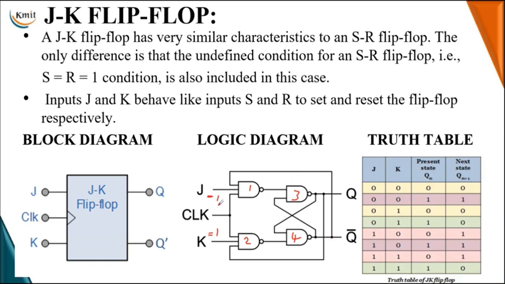Now here J is 1 and K equal to 1. Say the present state is 0 and the complemented state is equal to 1. Since this 0 is connected to the second NAND gate input, and any input being 0, the second NAND gate output becomes logic 1. If 1 is transferred to the first NAND gate, all 3 inputs are 1: clock is 1, J is 1 and Q bar is 1.